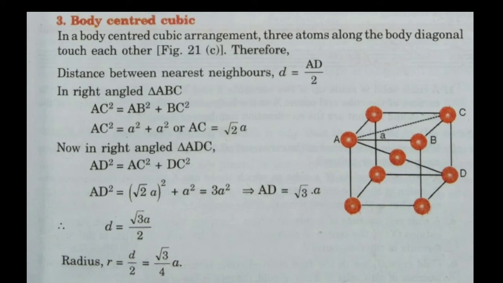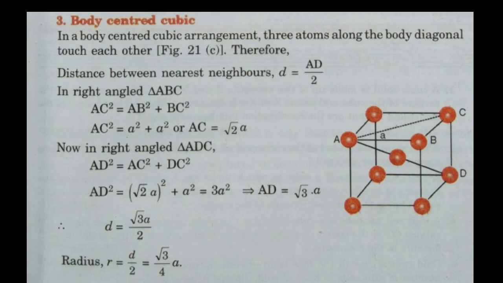Then in right angle triangle ADC, by applying Pythagoras theorem, we have AD square equals AC square plus DC square. Here AC is equal to root 2a and DC equals a, which is the side of the cube. So AD square equals root 2a the whole square plus a square, which we get as 3a square.